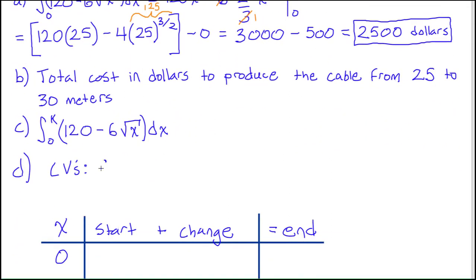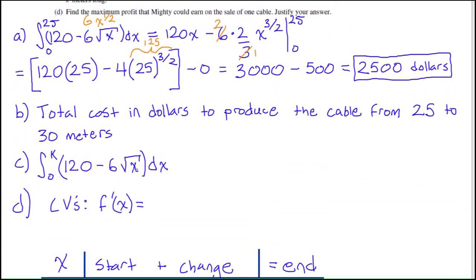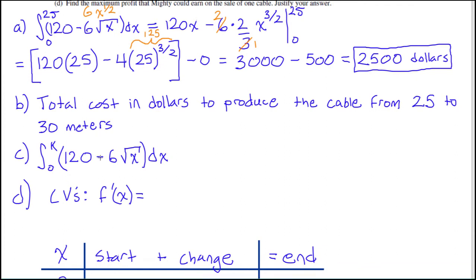So the idea is doing F prime set equal to 0. So what is F prime of X? It's that formula, 120 minus 6 square root of x. Yeah, so I'm taking the derivative of this thing, and I just get 120 minus 6 square root of x, because the derivative F prime of the integral is the integrand.